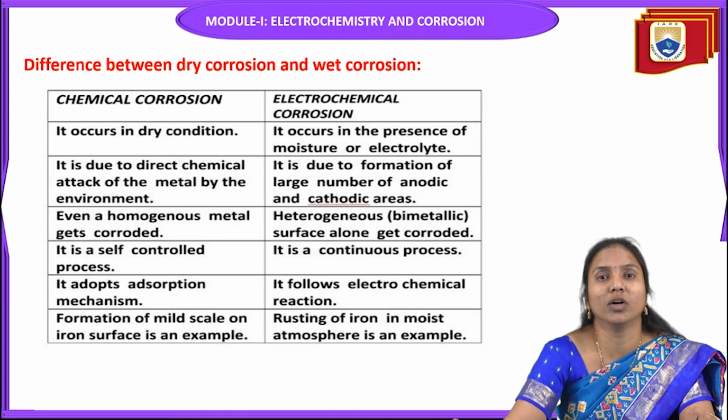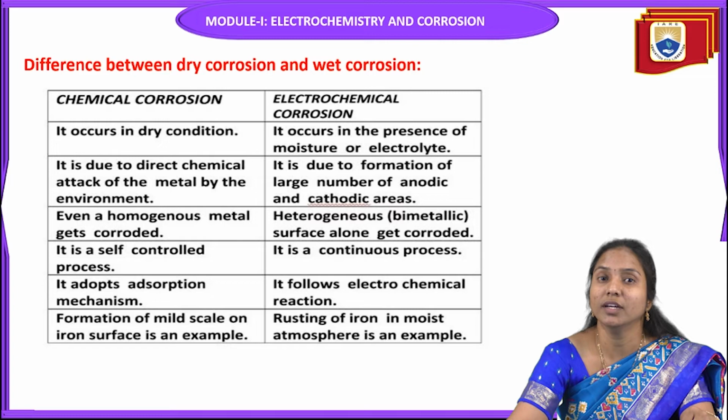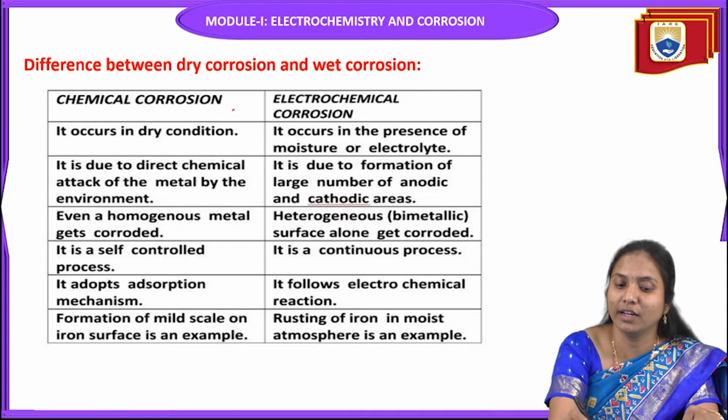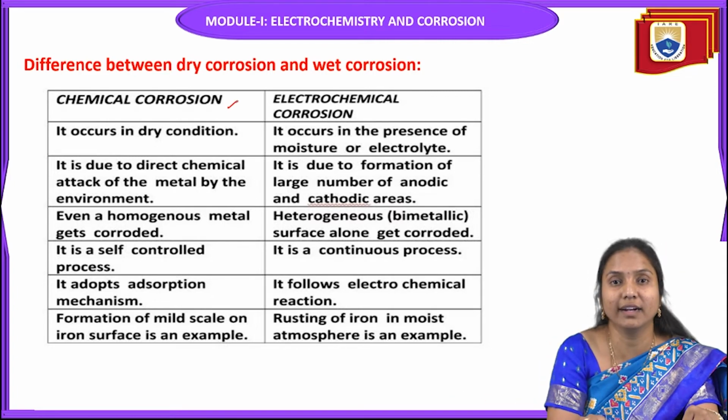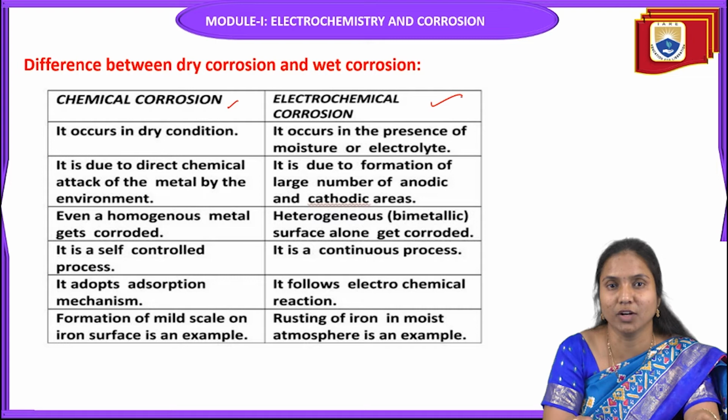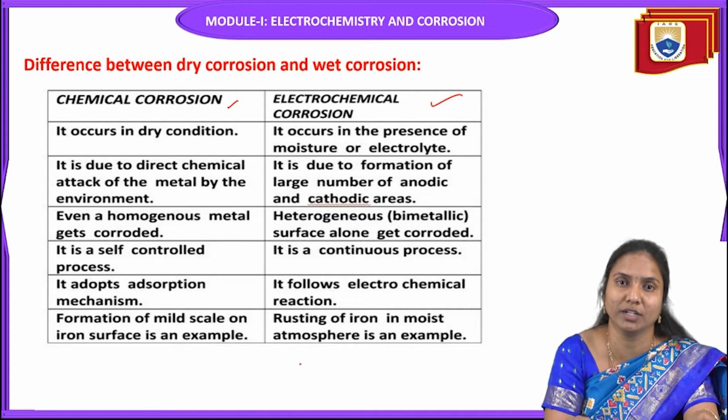Now let's discuss the difference between dry corrosion and wet corrosion. Dry corrosion is also called direct chemical corrosion. Wet corrosion is also called electrochemical corrosion.